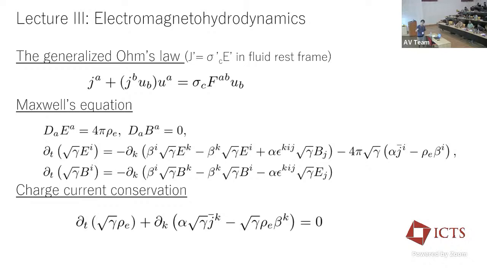In the inertial frame, this equation is reduced to this one, and this gives you the electric field measured in the fluid frame, not the normal frame. On the left-hand side is the current.